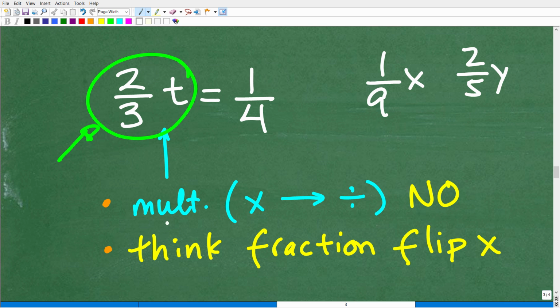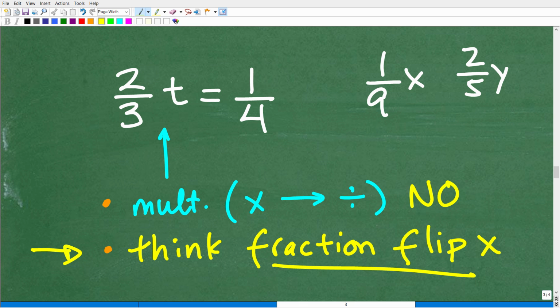You don't want to think, oh, multiplication, I need to do division. Nope, don't think in those terms. Think in terms of, I'm going to flip this fraction upside down and multiply both sides of the equation. Remember, the goal here is to get t by itself on one side of the equation. So there's a much better way to approach this.